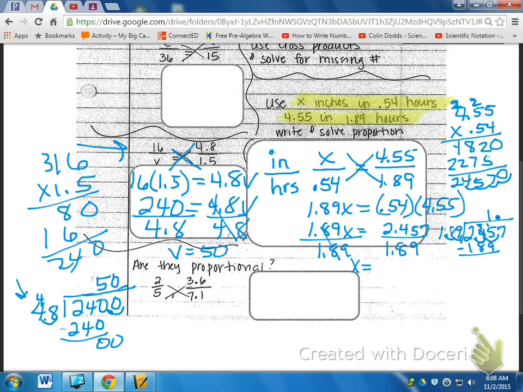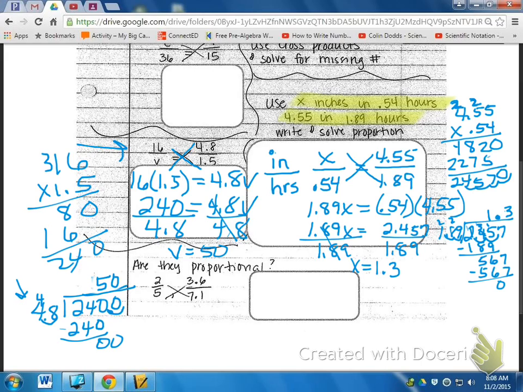This would be 6 and 5. 567. I'm going to try 3. 3 times 9 is 27. 24, 26. Man, I lucked out. So 1.3. I hope they all come out that nice. It looked really messy, but it worked out.